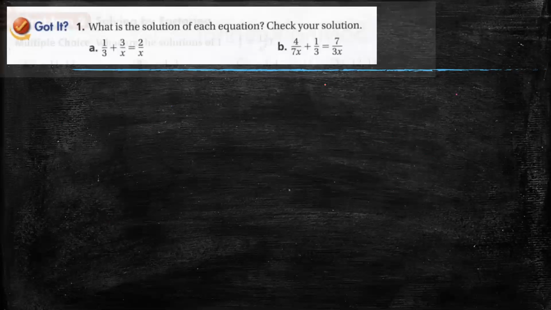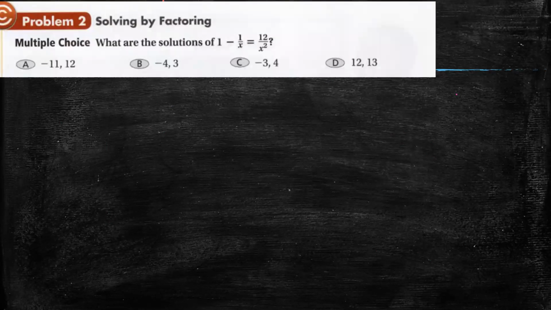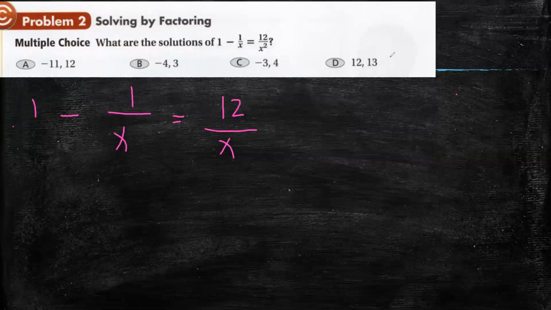Let's move on. Solving by factoring. What is the solution of 1 minus 1 over x equals 12 over x squared? Now, for this one, you have 1 minus 1 over x equals 12 over x squared.